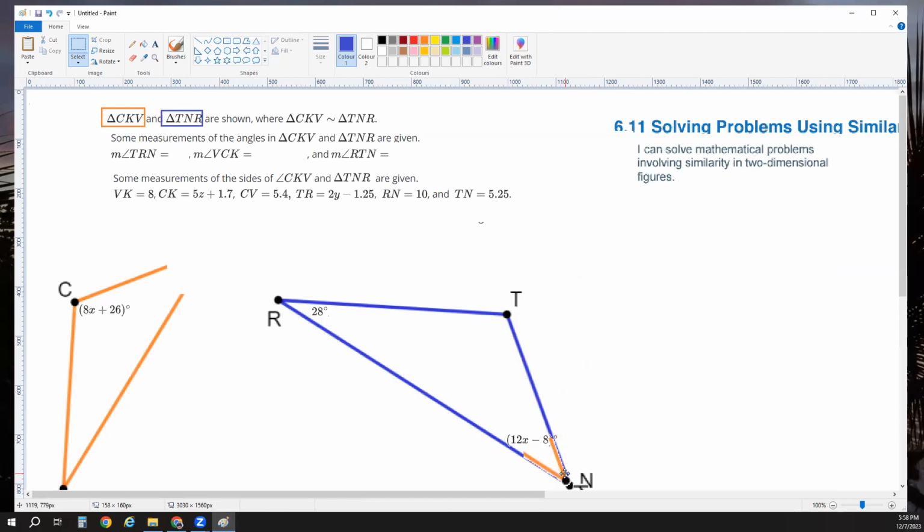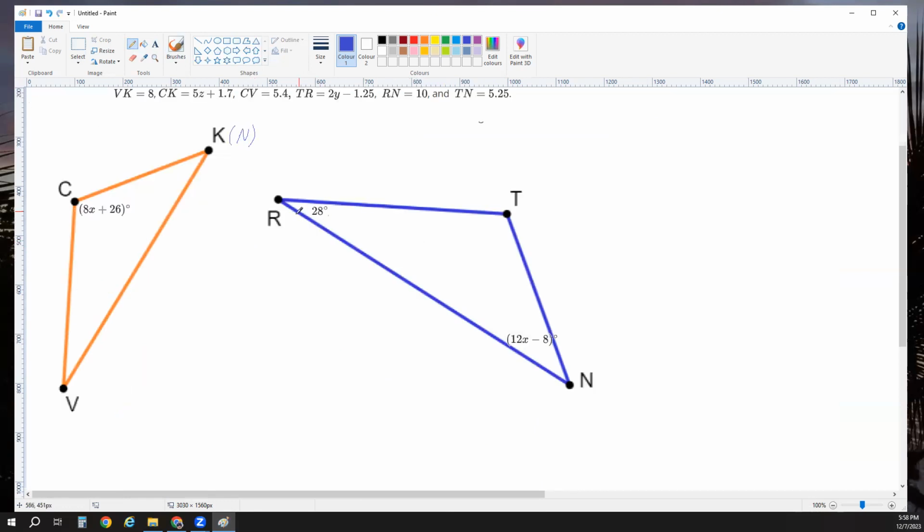And hey, it worked out. That one lines up with N really well. So this one's congruent counterpart, as I like to call them, is N. That means this one's congruent counterpart has got to be R, and this one's congruent counterpart is pretty obviously T.